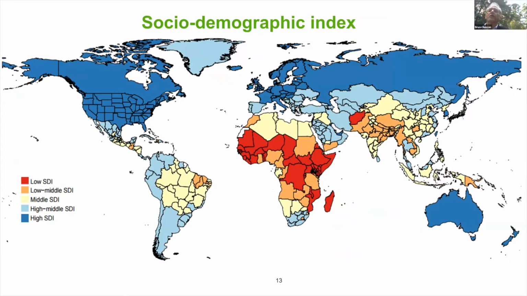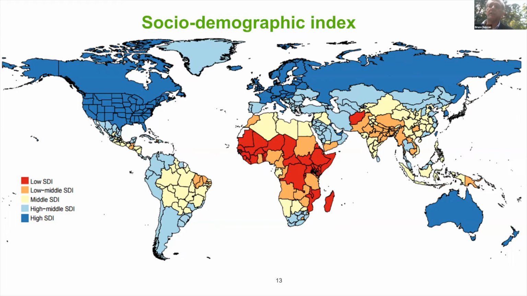And GBD also created something called a socio-demographic index, which is a measure of development. You could think of it as equivalent to a measure of poverty, say, but it's development. They created a number for each locality, going from 0 to 1, 1 being most developed, 0 being least developed, and then stratified them into 5 SDI strata, going from low through low middle, middle, high middle, to high.